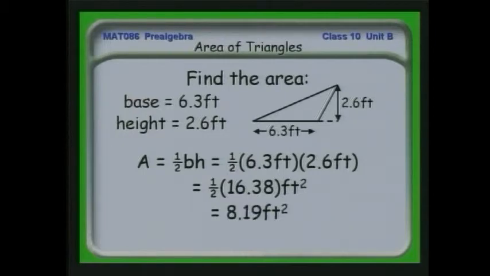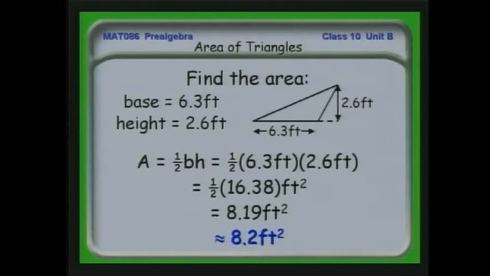We take 1/2 of that, either by multiplying by 0.5 or dividing by 2, however you like, and we get that the area is 8.19 square feet, or to round it off if you want to, it's 8.2 square feet.